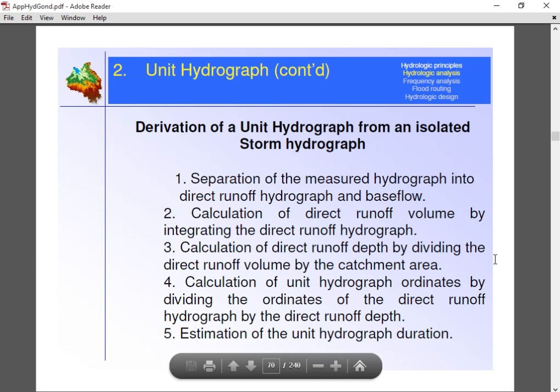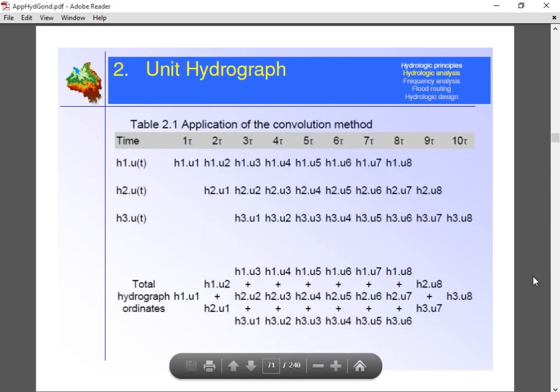In the fourth step, you calculate the unit hydrograph ordinates by dividing the ordinates of the direct runoff hydrograph by the direct runoff depth. And finally, we should learn about estimation of the unit hydrograph duration. You should follow those steps in order to derive a unit hydrograph from an isolated storm hydrograph.